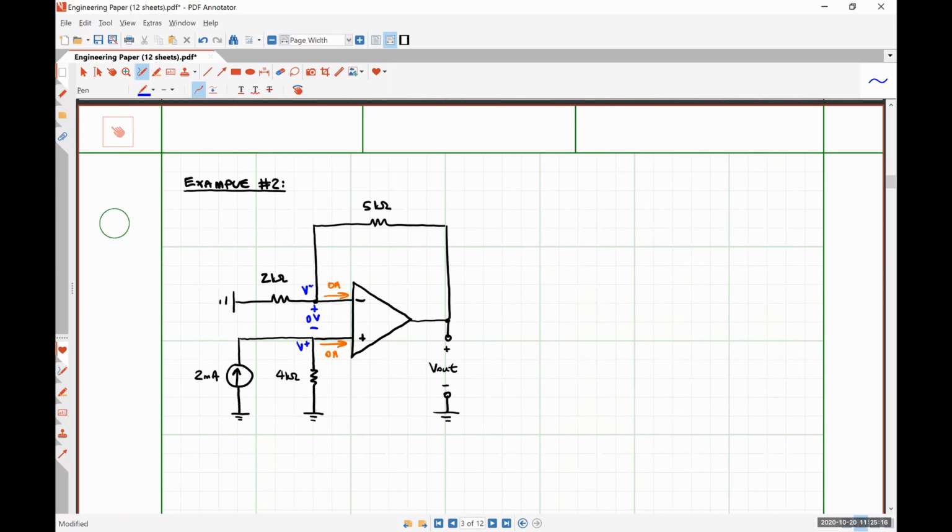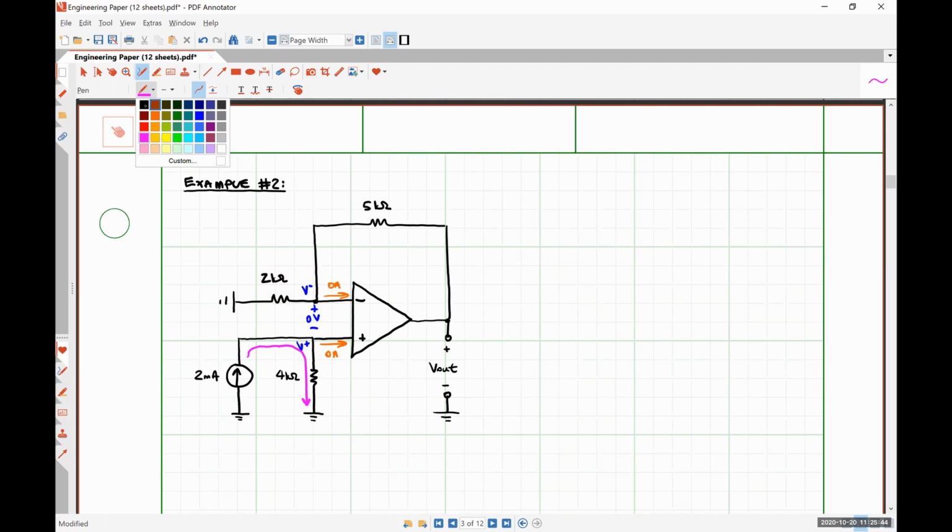So ideal op-amp rule 1 tells us that the current that's being supplied by this 2 milliamp source leaves the source and all of it must flow down through that 4 kilo ohm resistor because none of it can branch off and flow into the input terminal.